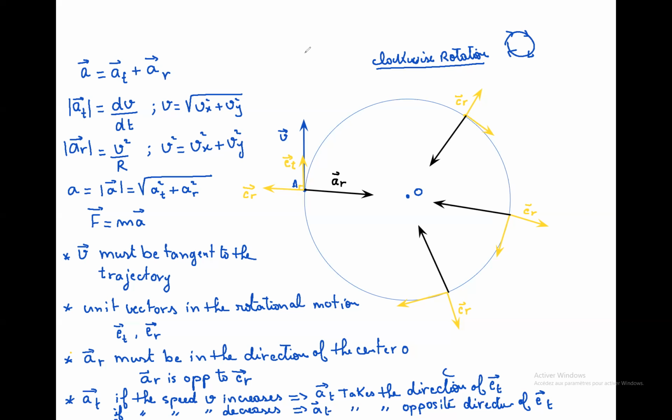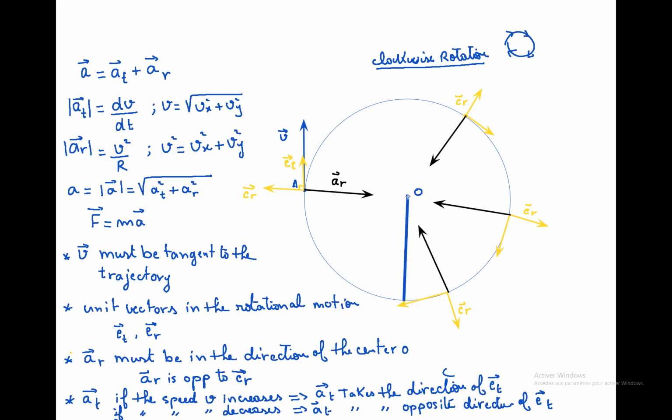Here we have an example, a pendulum. This pendulum initially was at this point. I give a push. The pendulum will start with an initial velocity, for example, V initial equal to 10.